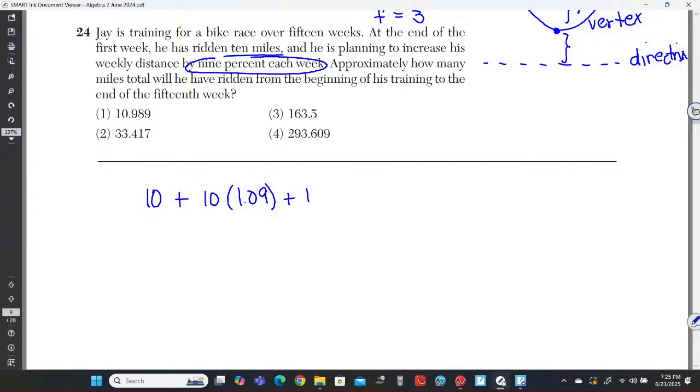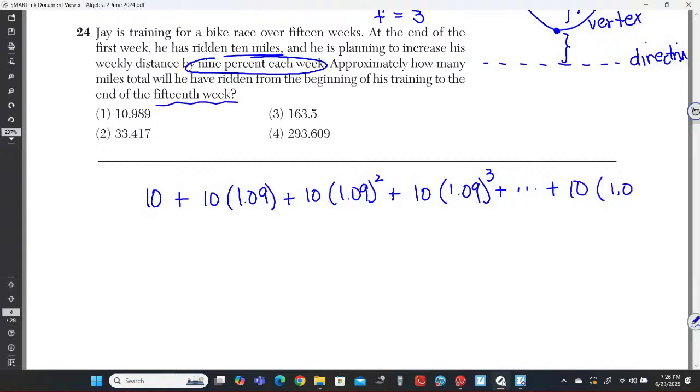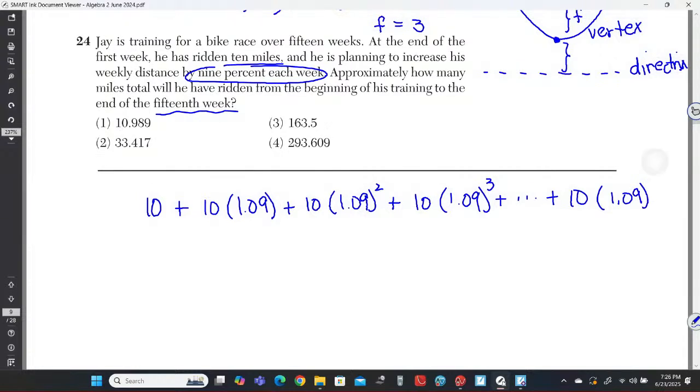The third week, he will go 10 times 1.09 squared. And then 10 times 1.09 to the third, etc. Until what? At the end of his 15th week, be careful here, he will be at 10 times 1.09 to the 14th.